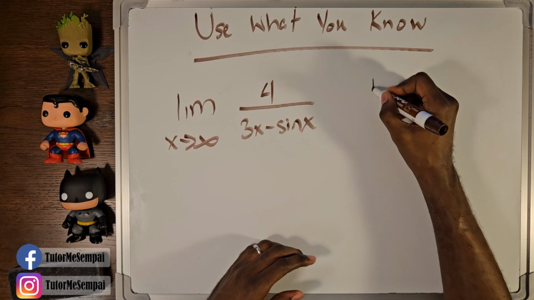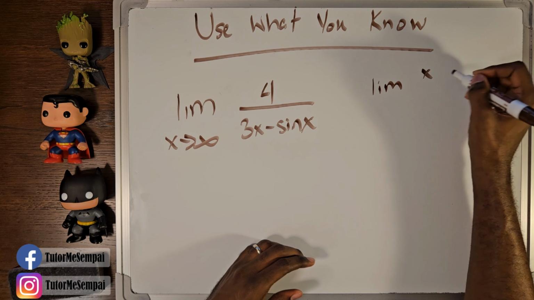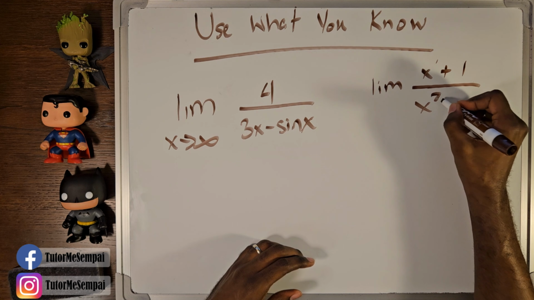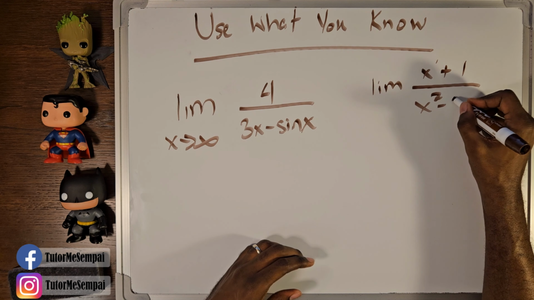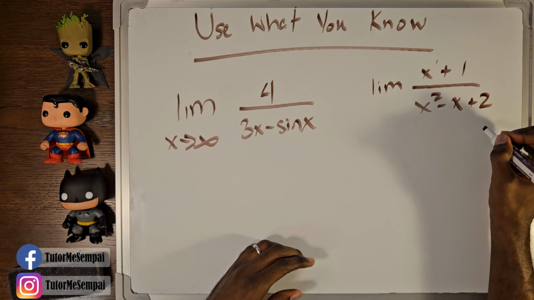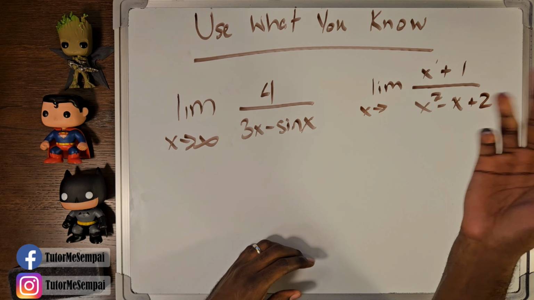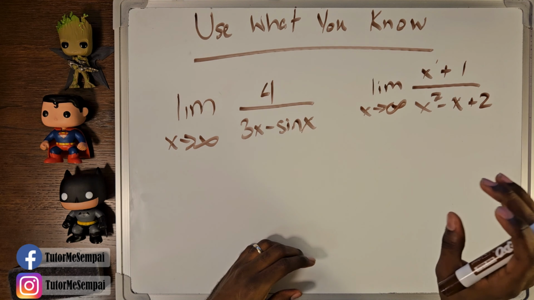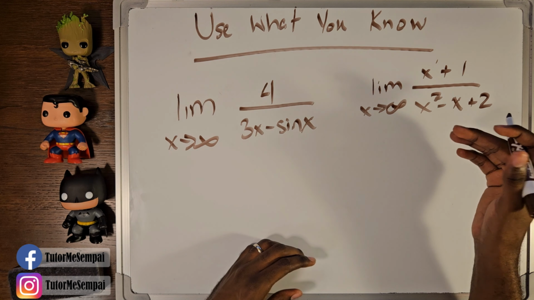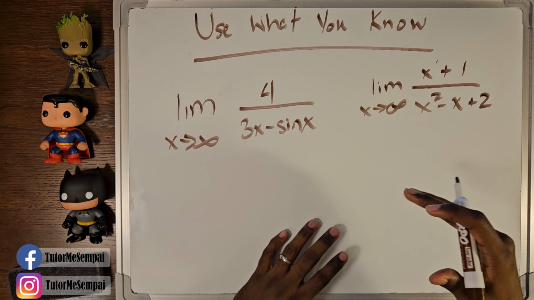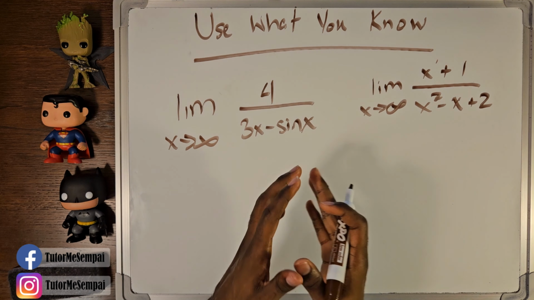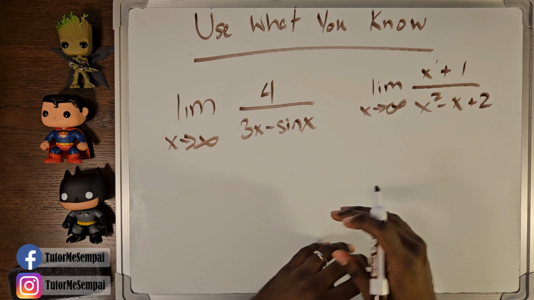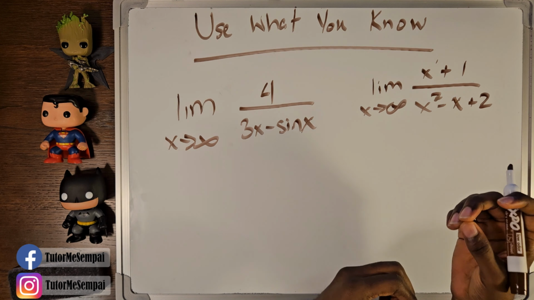Let's say you have something like this. The limit of x plus 1 over x squared minus x plus 2 as x goes to infinity. We said that if you were to do this the long way, not the shortcut way, you would divide top and bottom by the x with the highest power.